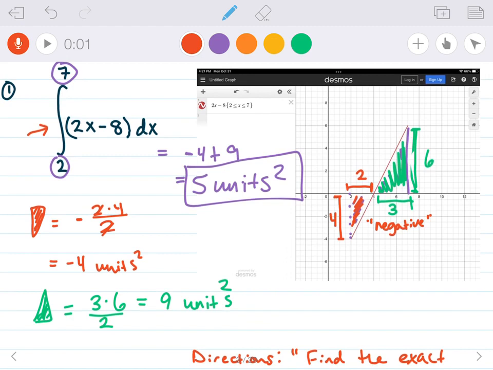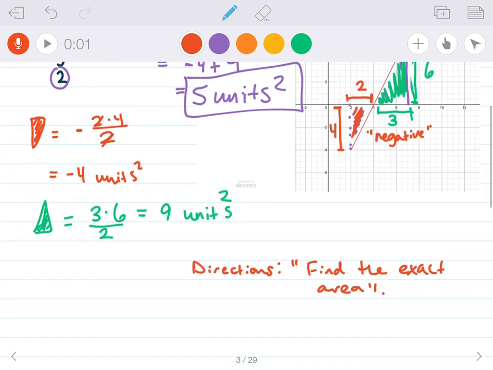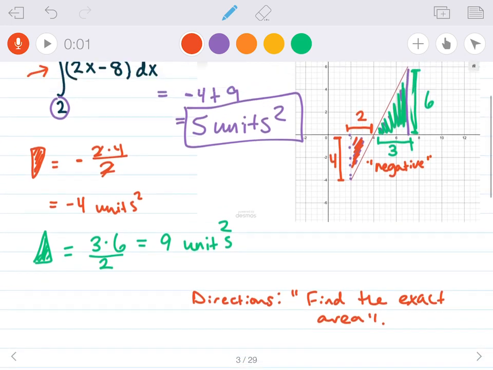The reason that it looks like an S is because it stands for sum. And we're going to see why in just a few slides. But if it said find the exact area, we're not giving the area a sign here. We're just trying to see how much ground is covered. And so our answer here would just be 4 plus 9, which is 13 units squared.